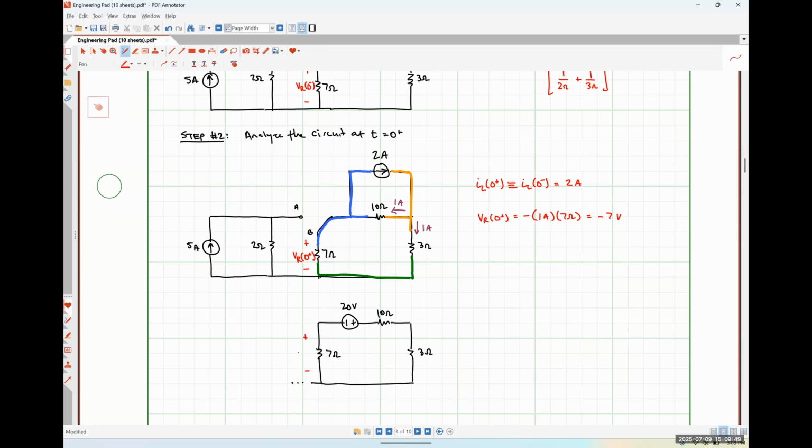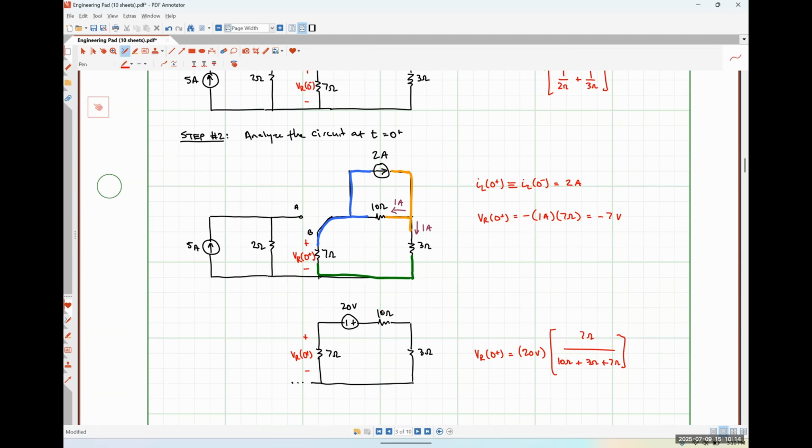Here is the voltage drop that we are interested in, VR at 0 plus, and using voltage division, we would see that VR at 0 plus is going to be 20 volts times 7 ohms over 10 ohms plus 3 ohms plus 7 ohms.